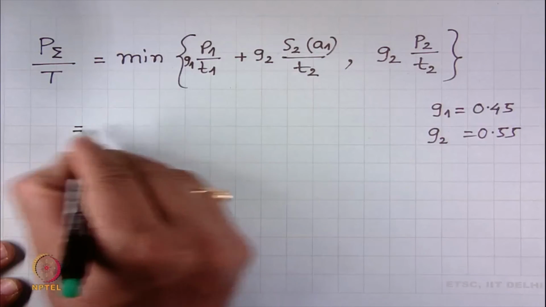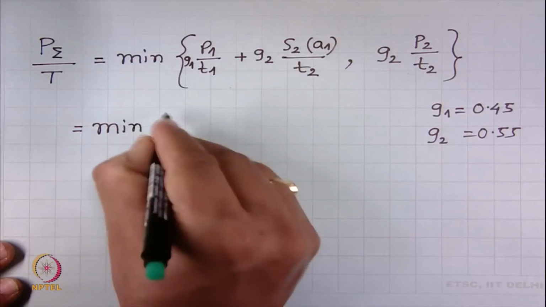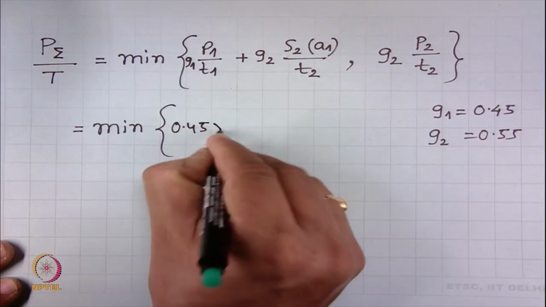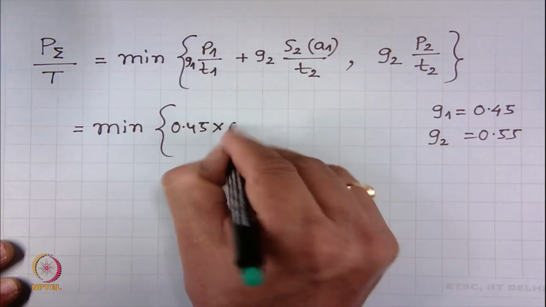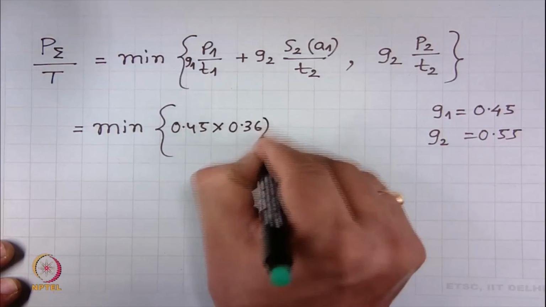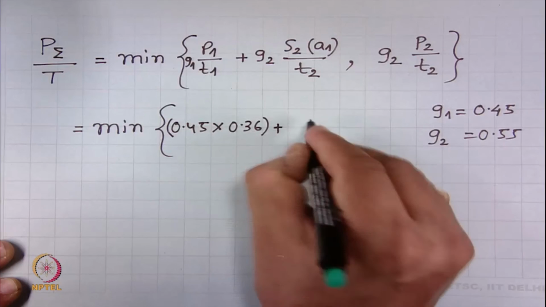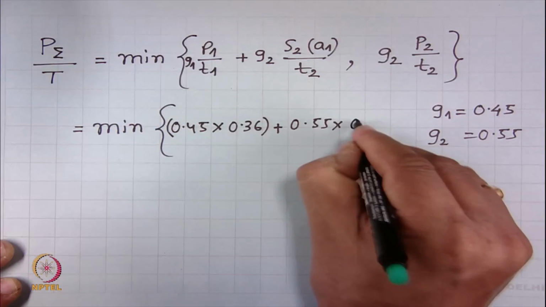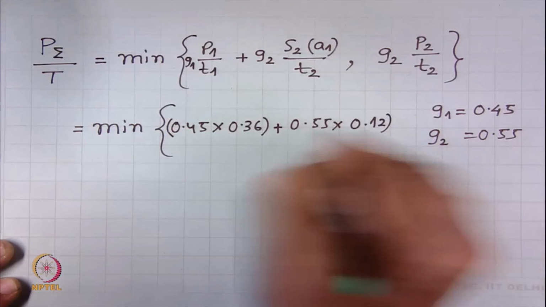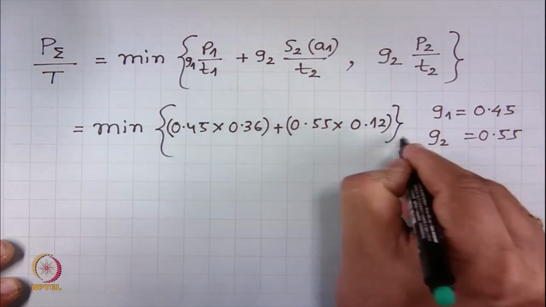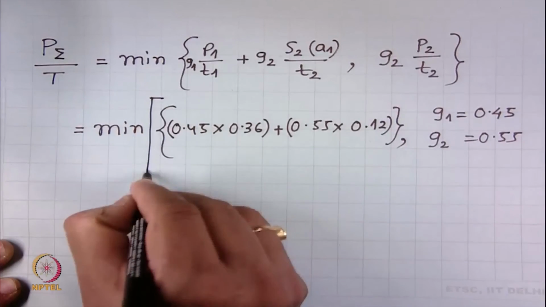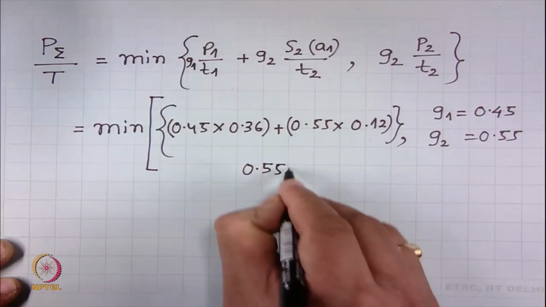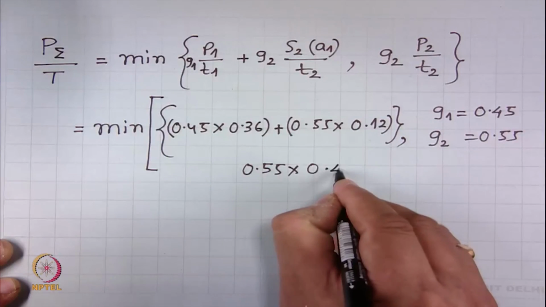So, the minimum of two values: 0.45 into 0.36 plus 0.55 into 0.12, comma, this value 0.55 into 0.41.